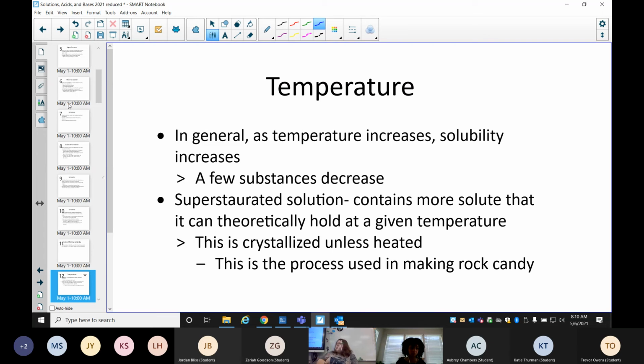And whenever it cools, some of it solidifies and crystallizes. That's how they make rock candy, where they heat the water with the sugar in it, put in the flavoring and the coloring, and as it cools down, all those crystals form on the sticks or the string, whatever you're making rock candy on.